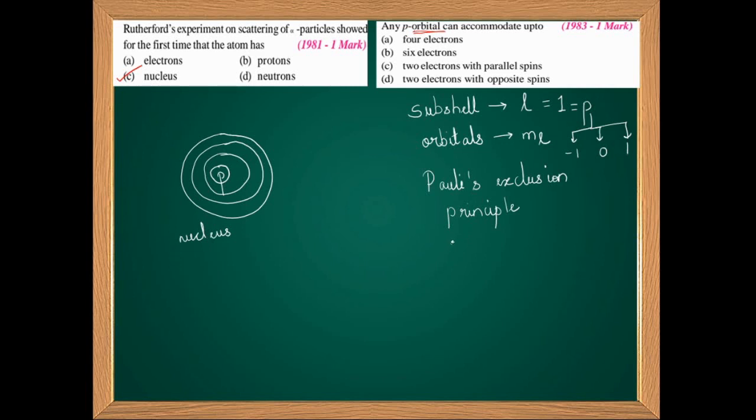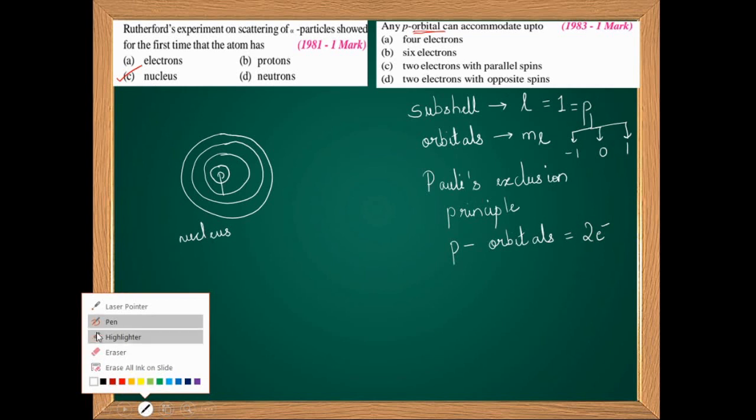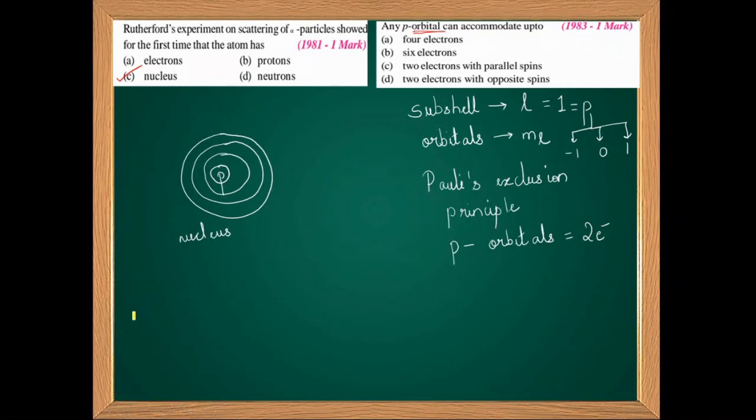So any orbital, be it p, f, s, d, will have a maximum occupancy of 2 electrons. So a p orbital will have 2 electrons. Now if you see the options, we have two options with 2 electrons: one with 2 electrons with parallel spin, and the other with 2 electrons with opposite spins.